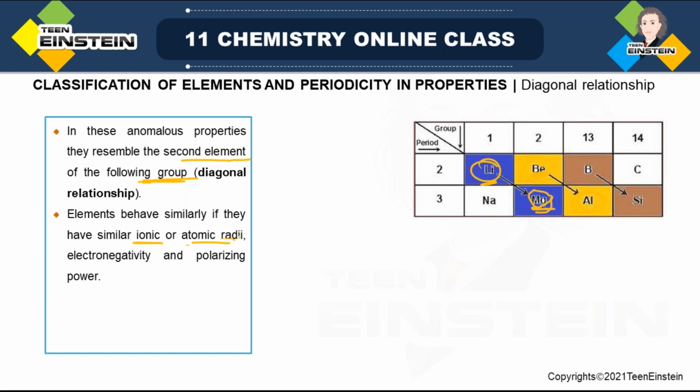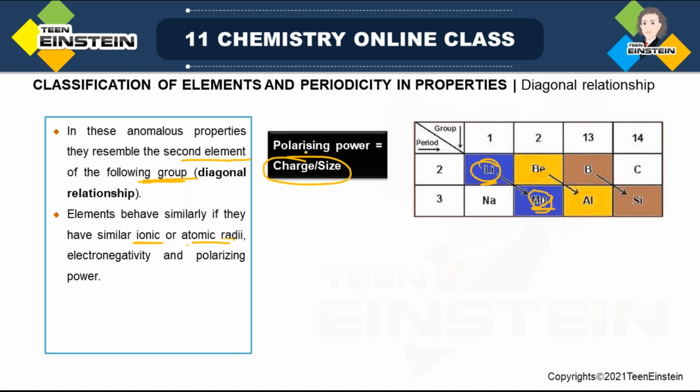And polarizing power. Now what is polarizing power? Polarizing power is basically this ratio. This ratio you have already seen in the previous slide, charge and size. So polarizing power is directly related to charge by size. The higher the ratio of charge by size, the higher the polarizing power. Fine.